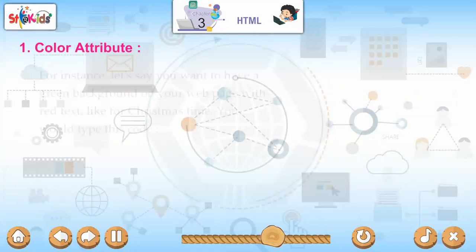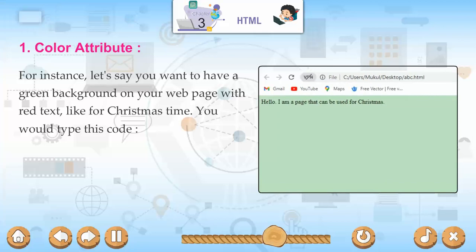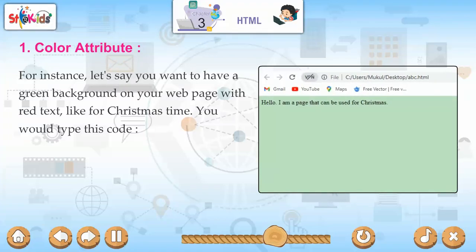First, color attribute. For instance, let's say you want to have a green background on your web page with red text, like for Christmas time.